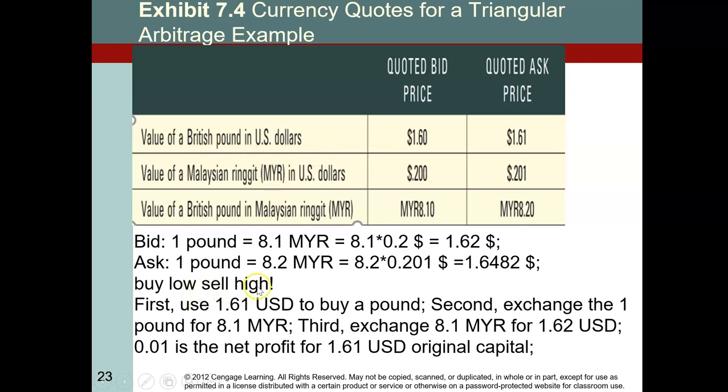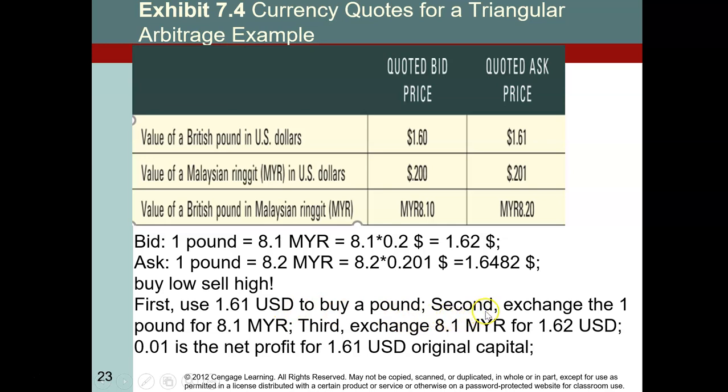We want to buy low and sell high, and we know the exchange rate is lower between pound and dollar. So we can buy at the ask price here, 1.61. We can use 1.61 USD to buy 1 pound.